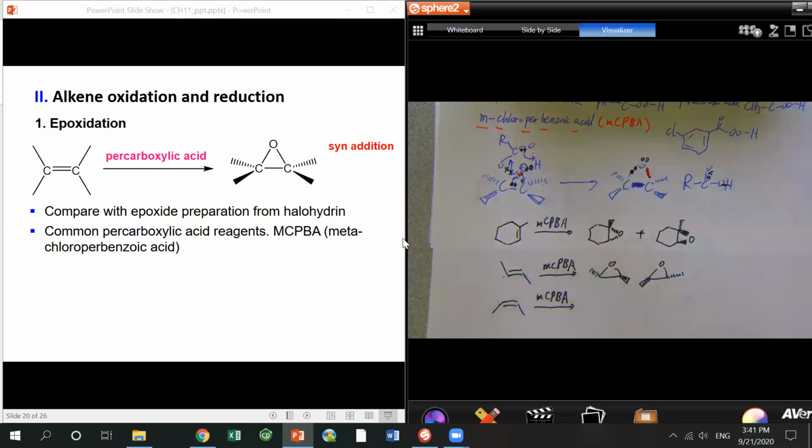Syn addition generates the same stereochemistry as the starting material alkene, so trans stays trans. But in actual reality we only generate one product. Some people say both methyls can be dash or both can be wedge, but these two are actually the same compound.